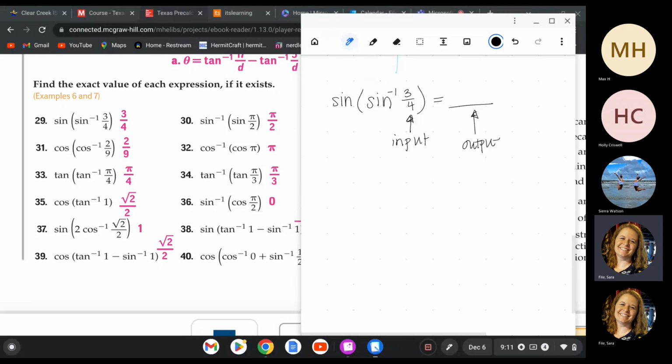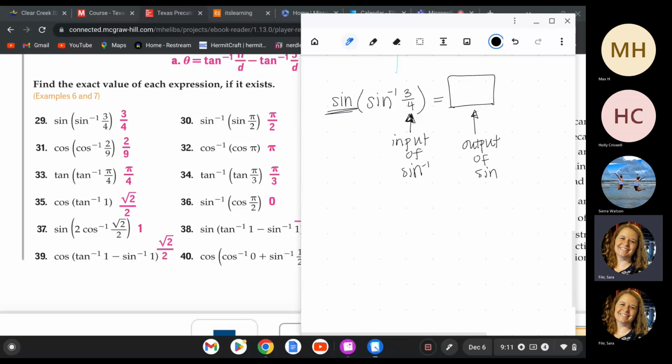Input is domain, output of the whole thing would be range. But these, because it's a composition, it's input and output of two different things. So this first one, this is the input of inverse sine. Here, our final answer is going to be the output of the outer function, so output of regular sine.